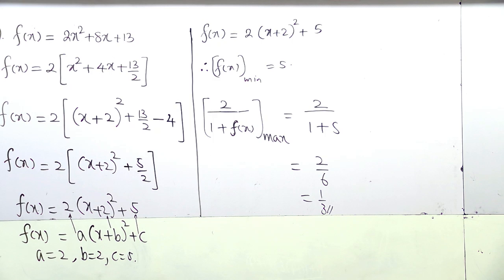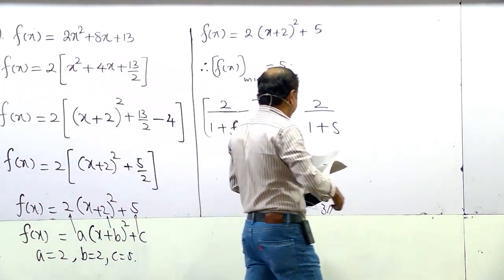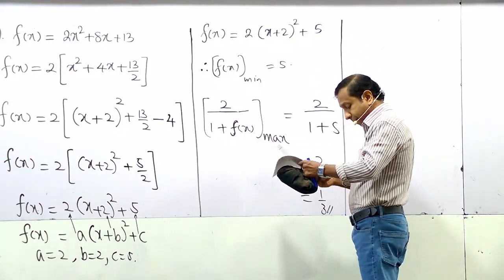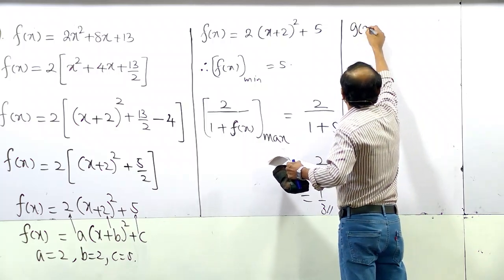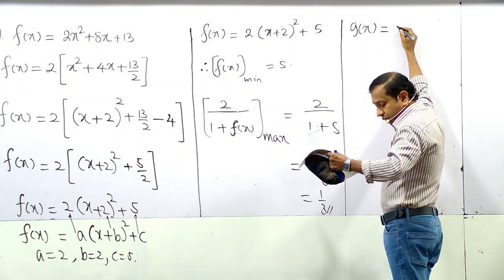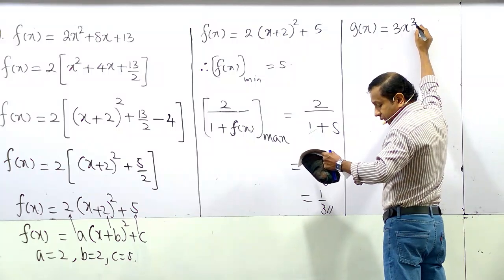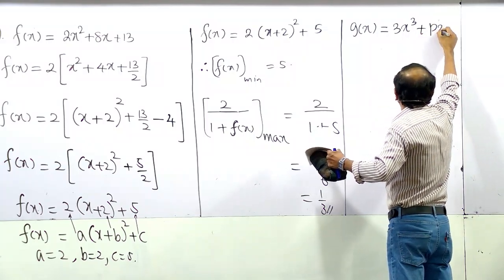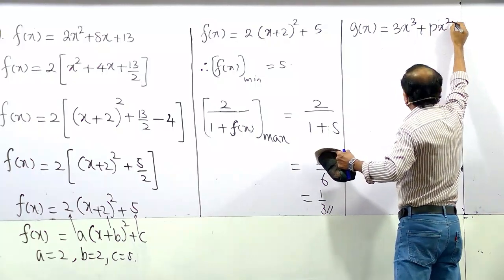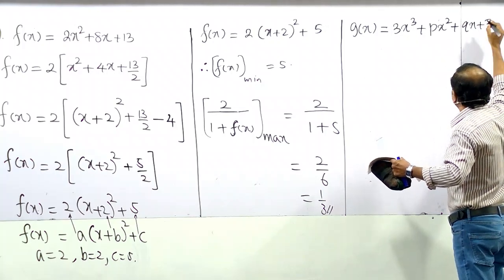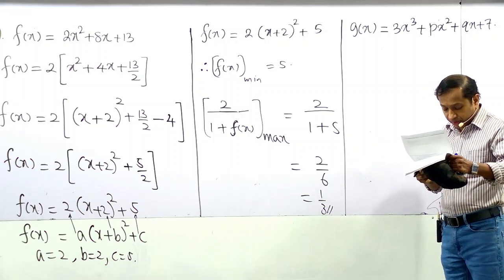Right, we are given g(x). We are given g(x). g(x) equals 3x cube plus px squared plus qx plus 7, where p and q are real constants.